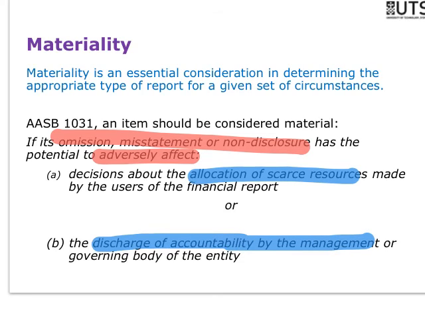It's because management are now responsible or have done something wrong. So that's materiality, right? We have an inaccuracy in the financial statements that will change how people perceive the company and its performance.